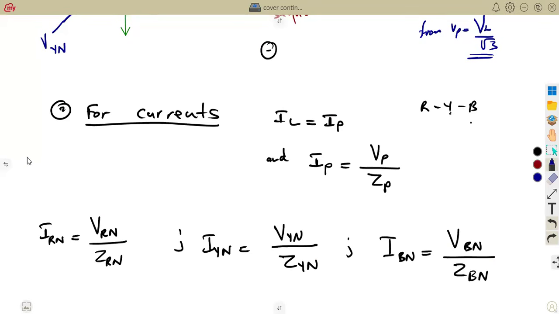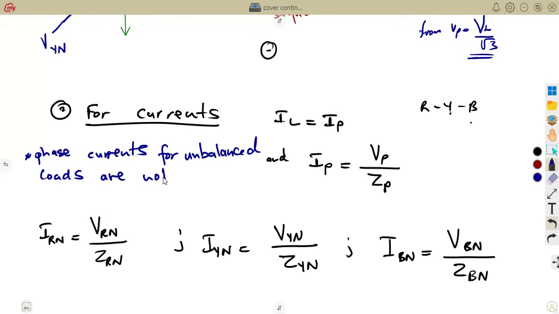All right, so here we can simply say phase currents for unbalanced loads are not the same. They are different. So you calculate each on its own.